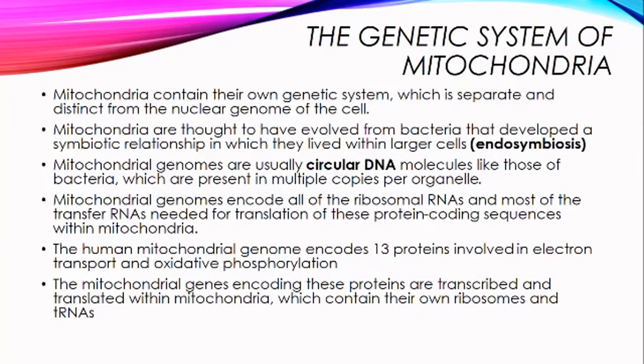So needed for translation of this protein coding sequence within the mitochondria. And the mitochondria have 13 proteins involved in the electron transport and oxidative phosphorylation. So electron transport happens in the intermembrane of the mitochondria. So sa inner membrane ng mitochondria.